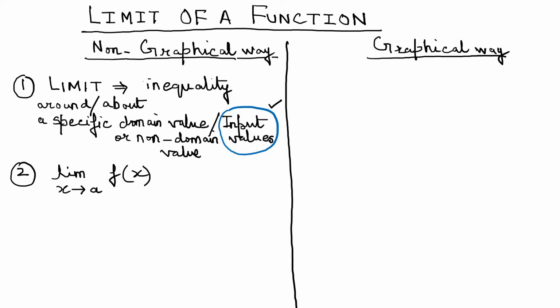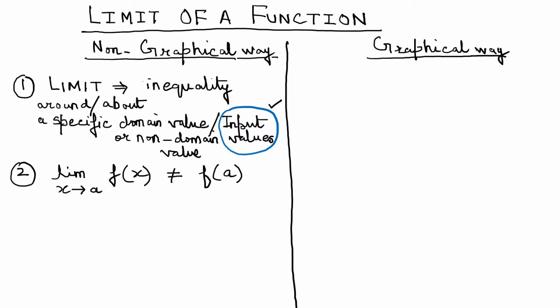So when I say input value of x is a, that means I want to know about the behavior of that function f(x) around the value x is equal to a. Another way of understanding the same, which does not mean that I am talking about f(a). So then what am I talking about?